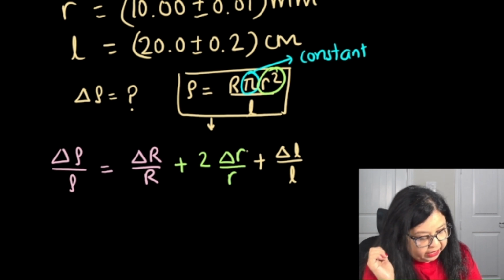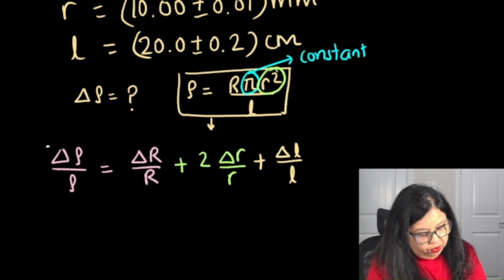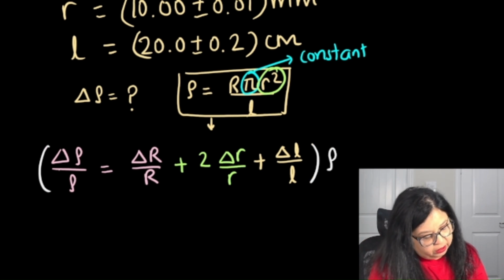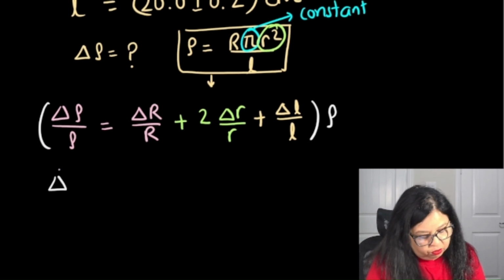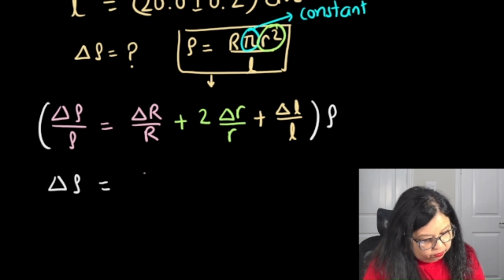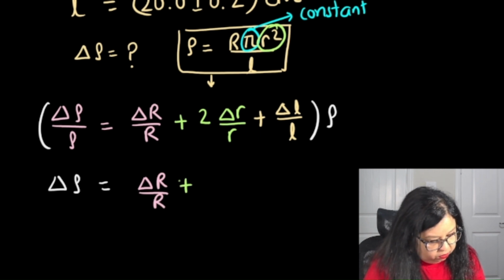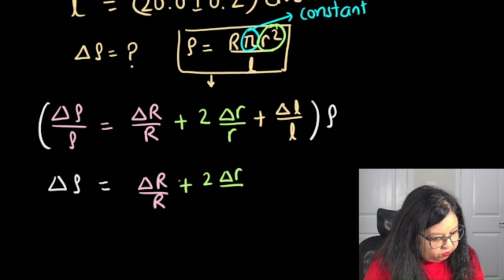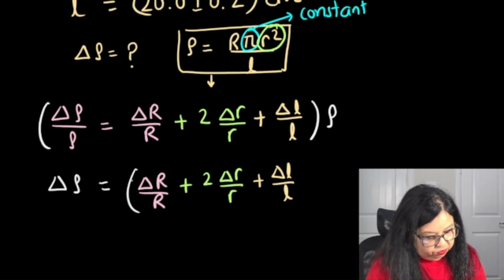Now to solve for delta rho, we also need to solve for rho. So you could multiply the entire equation by rho, and that would solve for delta rho on the left hand side. That will give you delta rho equals delta R over R, both uppercase, plus 2 delta lowercase r over lowercase r plus delta L over L, times rho.